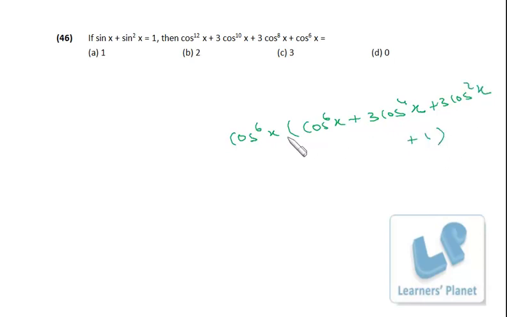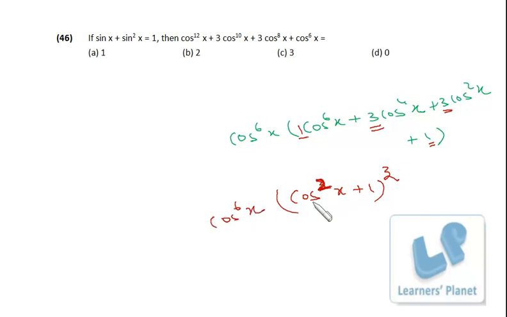Now you should be able to identify the coefficients: 1 3 3 1. That means it is a cubic expansion. That means it is cos square x plus 1 whole cube. This is actually cos square x whole cube and this is 1 cube. So this entire expression is cos square x plus 1 whole cube, and outside the bracket we have cos 6x.